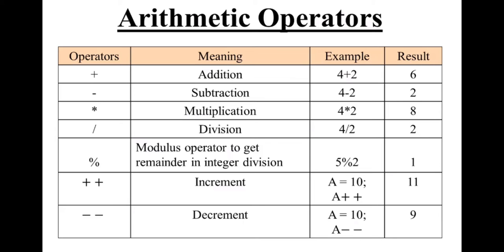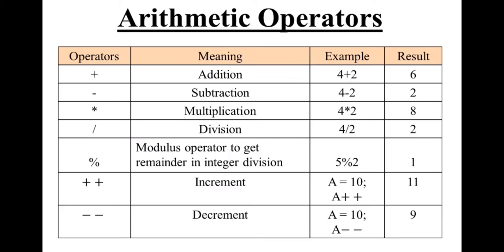Arithmetic operators are basic operators like addition, subtraction, multiplication, division. For modulus you will be getting the remainder when you divide. So when you use the modulus operator, your answer would be the remainder. And we have increment and decrement.